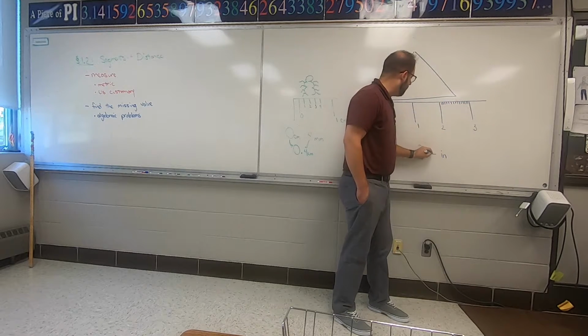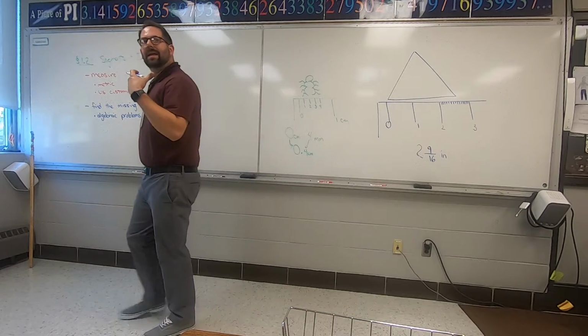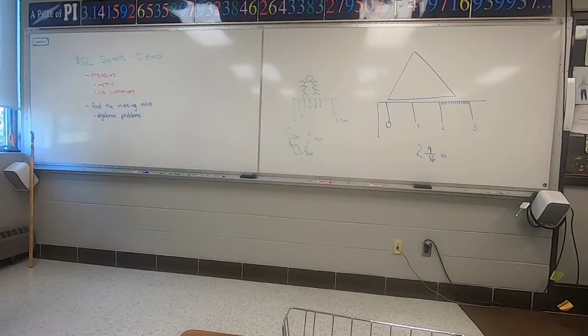We landed on the 9th one. So that's 9 out of 16 hash marks. That's what I'm looking for. I don't care that you know where half is, and you know where 1/8 is, or 3/4. I don't really care. Just count what hash mark you've landed at, and that's the number that goes on the top, and the bottom is however many total hash marks there are.